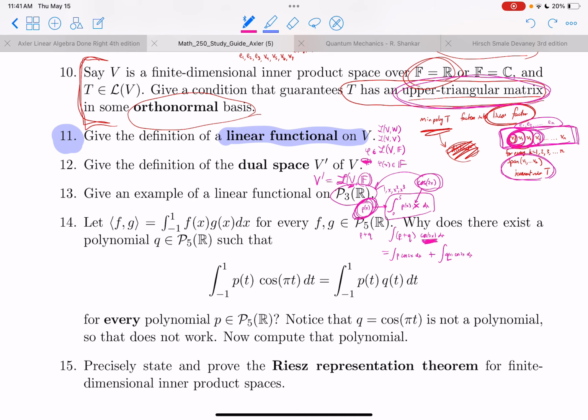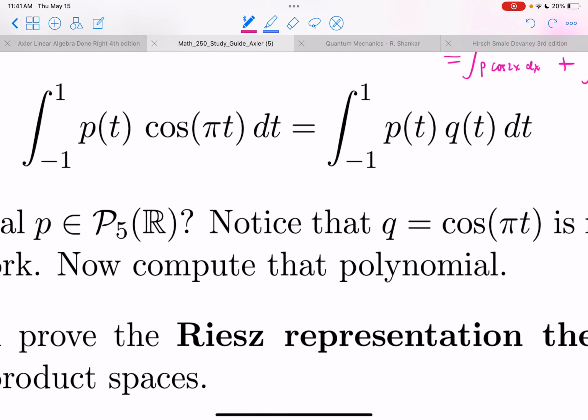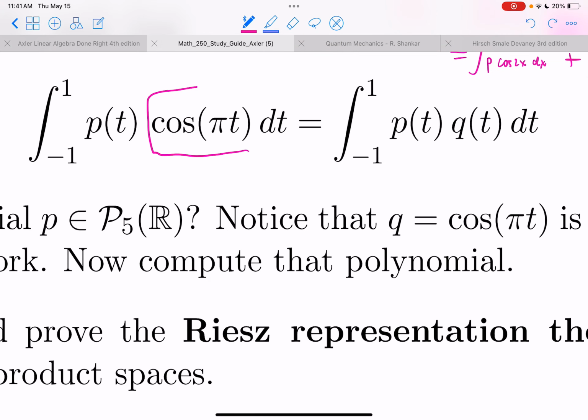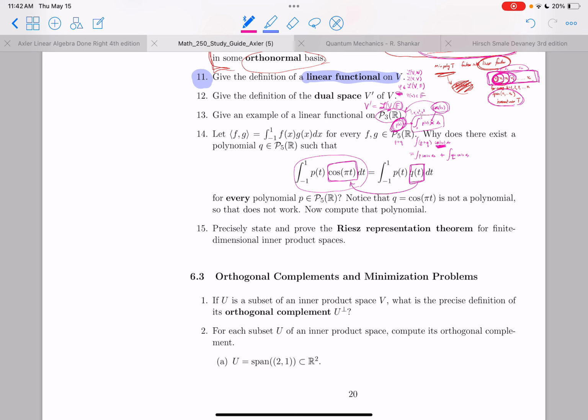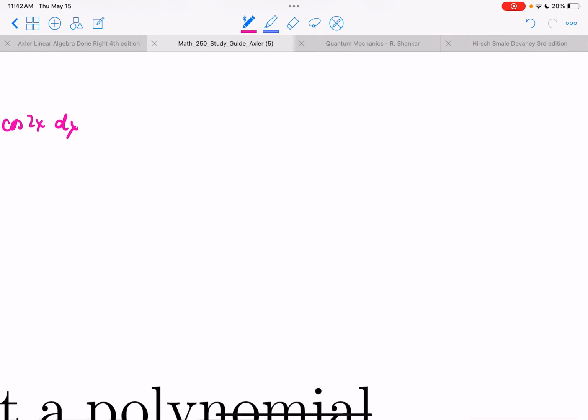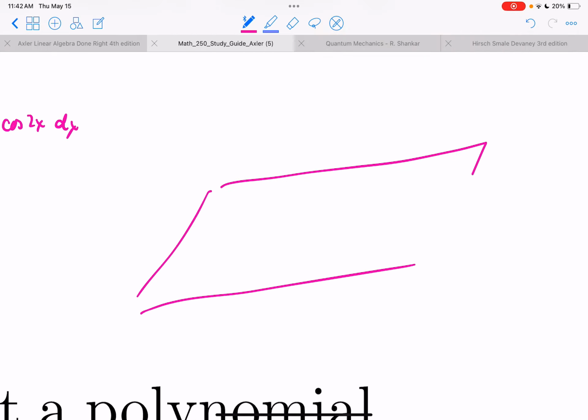Now this is the fun thing here: even though this is not in our space of polynomials, if we integrate against this space, there's always some polynomial we could have integrated against instead of the cosine. The picture I like to think about is, let's say we're in some subspace of nice functions, like polynomial functions.